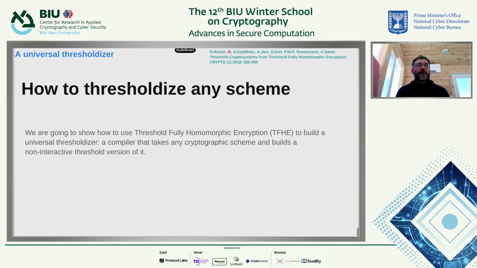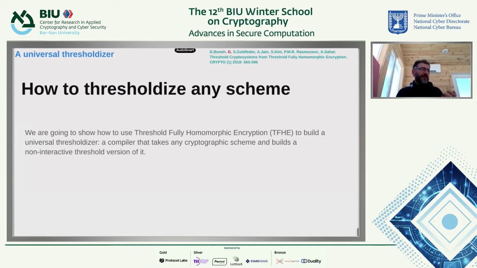I thought when Dan came out with this word, it was genius. It's basically a compiler that takes any cryptographic scheme and builds a threshold version of it, which, what's really interesting, is non-interactive. It thresholdizes the cryptographic scheme in a single round.